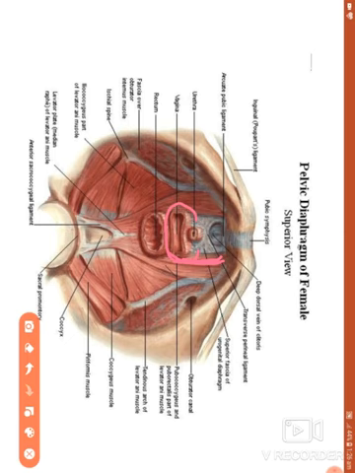If it is not properly repaired, there is a tendency of the uterus to sink down or sag down through the vaginal orifice. That is called the prolapse of the uterus.